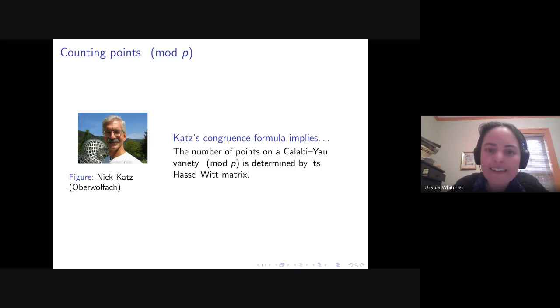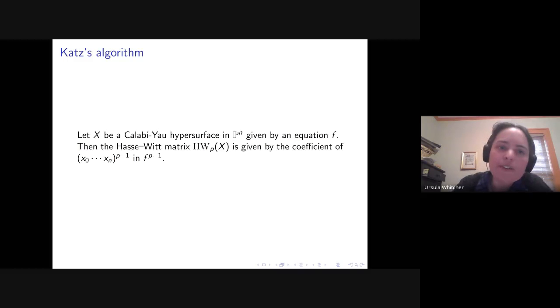Nick Katz found that the number of points on a Calabi-Yau variety mod p is going to be determined by its Hasse-Witt matrix. And he gave us information specifically if you're looking at hypersurfaces in Pn.